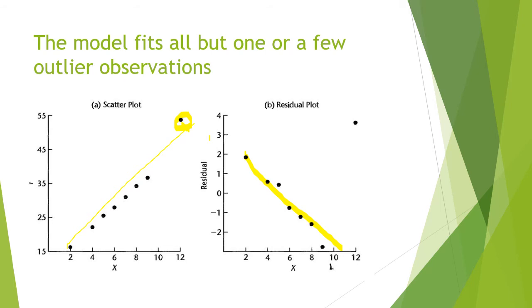If we were to remove the outlier, the linear regression would follow the data and accurately predict. In other words, if this point was not there, these data points would skew this way, and there would be accurate prediction in the model.